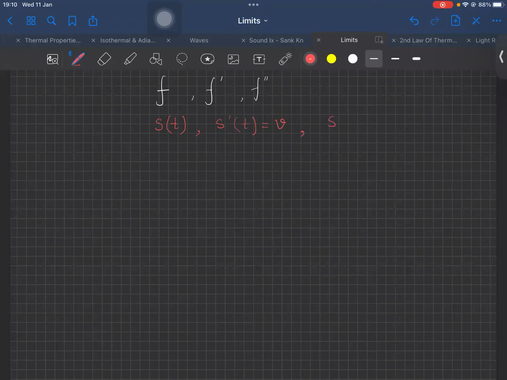If you find the second derivative of displacement with respect to time, that is velocity with respect to time, which is equal to acceleration, which is also a function of time. Maybe if the acceleration is constant, then we will not bother about it. So these are some of the rules which we are going to see, and we'll start solving the problems. These are Leibniz notations, of course.